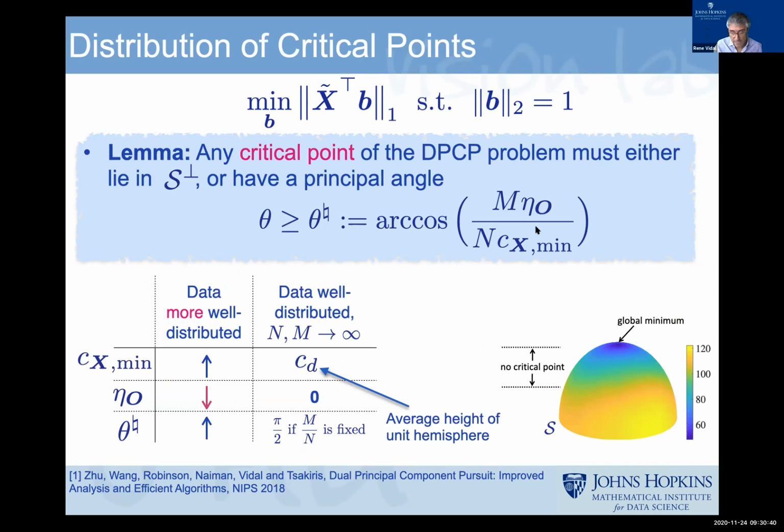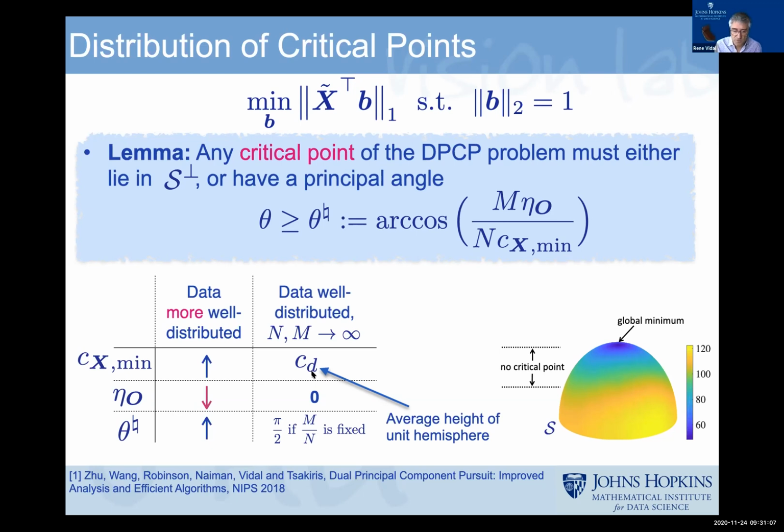Eta O is in the numerator, so if it goes down, that's good, and it causes theta sharp to go up to pi over 2. As mentioned before, you can show that eta O goes to 0 when the outliers are perfectly distributed. And again, the CX mean quantity is exactly the height of the sphere, the integral that I was talking about in the continuous limit.